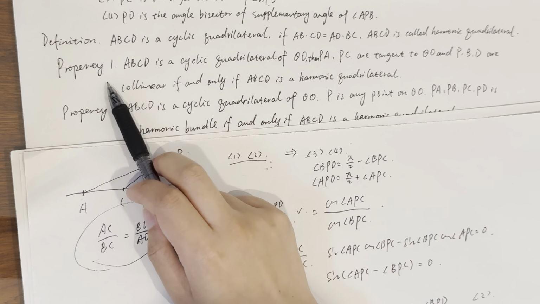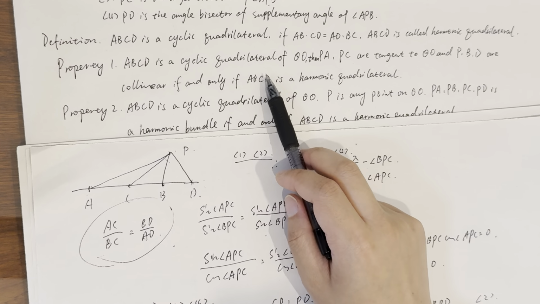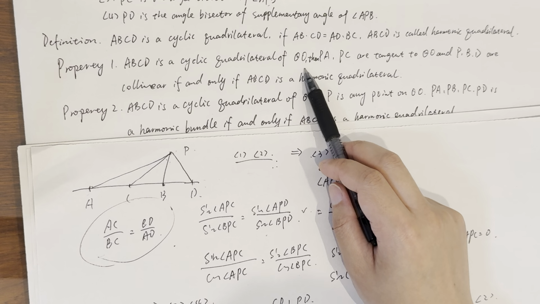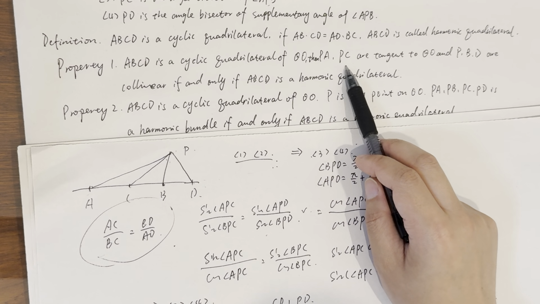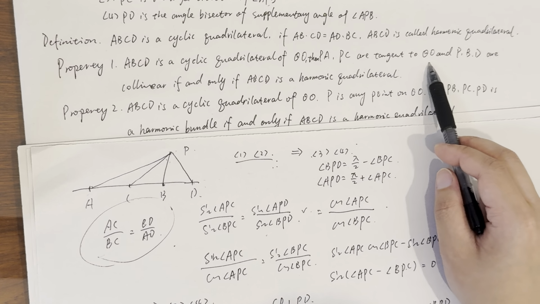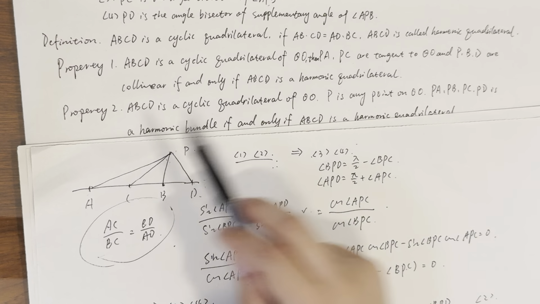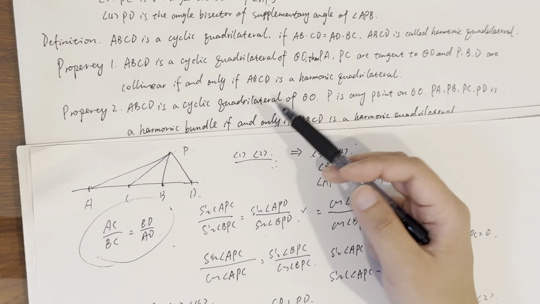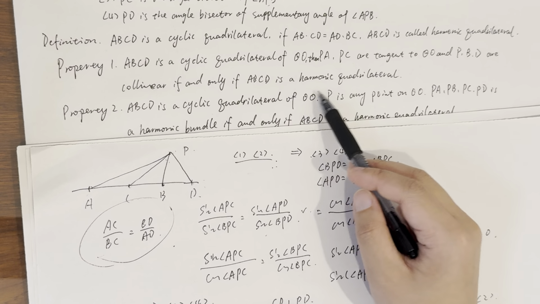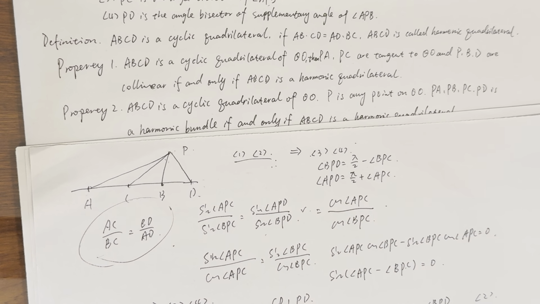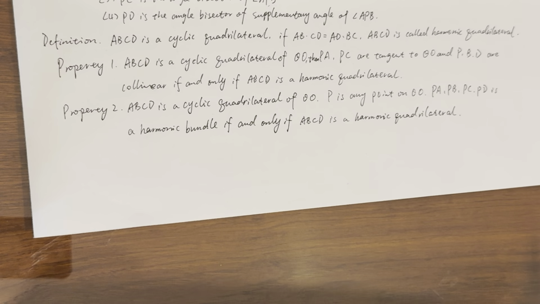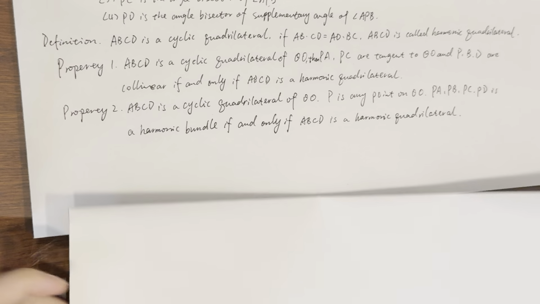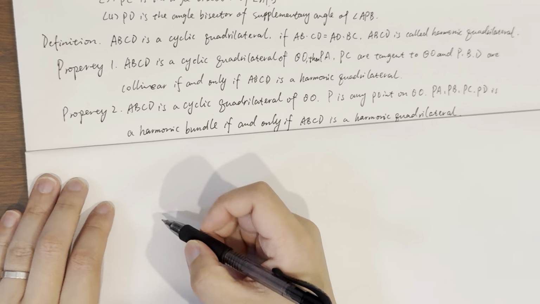Now let's see this one, property 1. If ABCD is a cyclic quadrilateral of circle O, then PA, PC are tangent to circle O and P, B, D are collinear if and only if ABCD is a harmonic quadrilateral. Okay. The problem is like this.